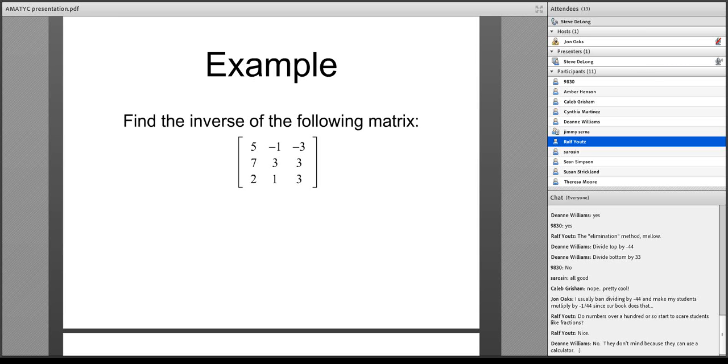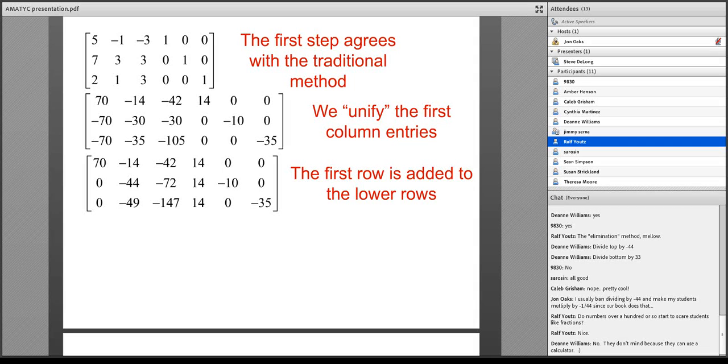They just went on, and nobody was griping with me about it. That gives 0 in the 2-1 and the 3-1 entries. The numbers are growing, and that's something that I warned them about, that could happen.